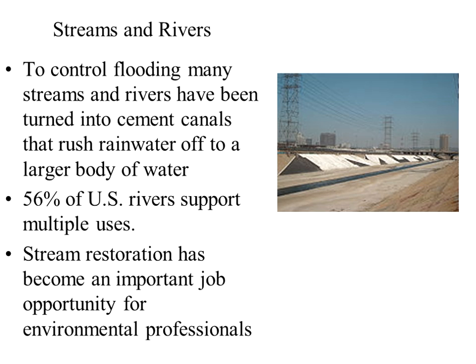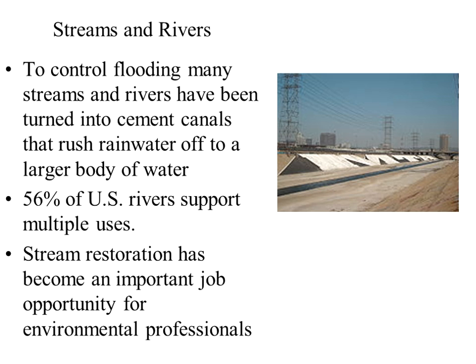Streams and rivers are another area of restoration. Many of our streams are what we call channelized. We did this in order to control flooding, but we turned those streams and rivers into cement canals that rush rainwater off to a large body of water.